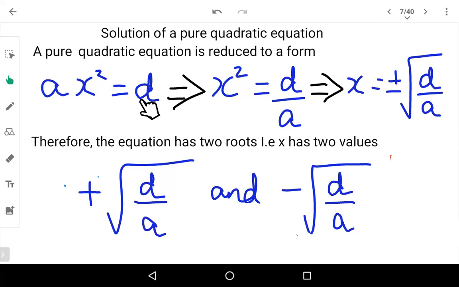So this is the pure quadratic equation where you will be finding the roots. Here the form is ax square equals d, instead of c you have a d. Now let us simplify this. From this format I can take a to the other side, so I will have x square is equal to d divided by a.